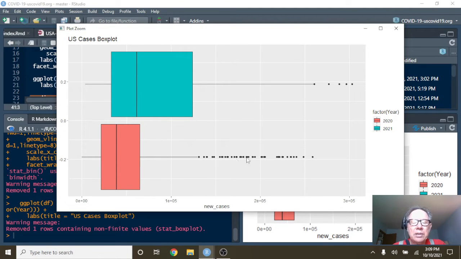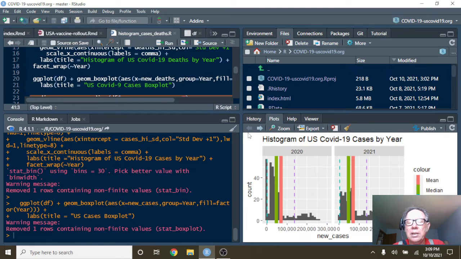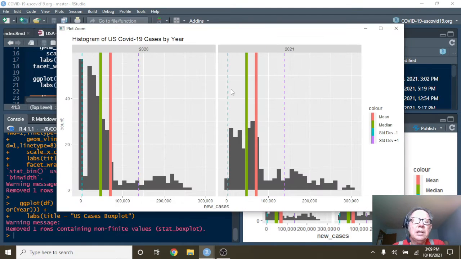This is sort of interesting. Okay, so you're going to see a plot like this. What about the histogram? Like we said, unimodal, skewed to the right. 2021 actually had some outliers here, but so did 2020.